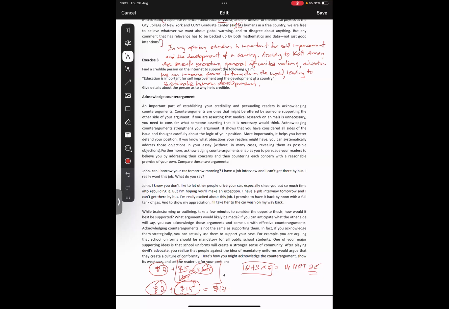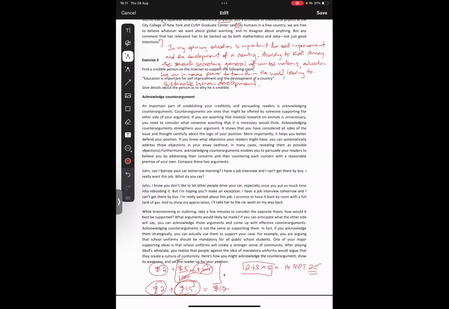You just force them. You don't want to force them. You want to win their heart. So that is quite a noble technique. As you can see, I spend a lot of time talking about this because I want to focus on this particular strategy. Now, let's have a look at another example of how you could use acknowledging the counter argument to persuade people, to get people to do what you want.